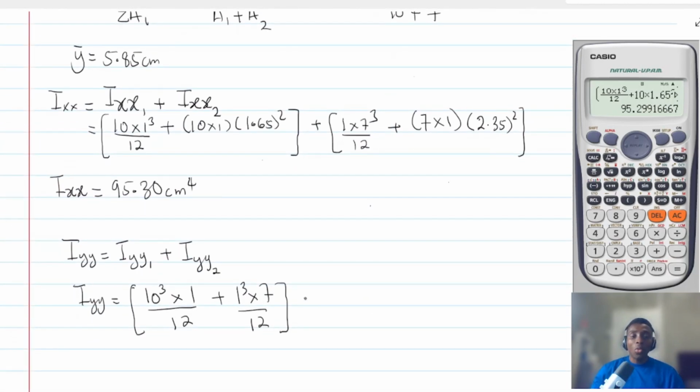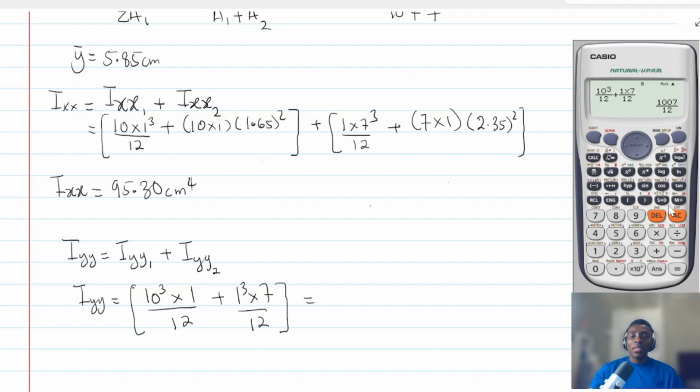Now, let's calculate this. So IYY will then become 10 cube divided by 12 plus 1, which is the same as 1 cube, multiplied by 7 divided by 12.